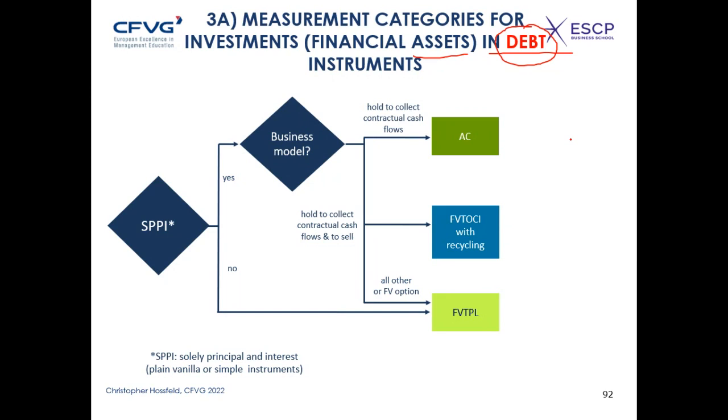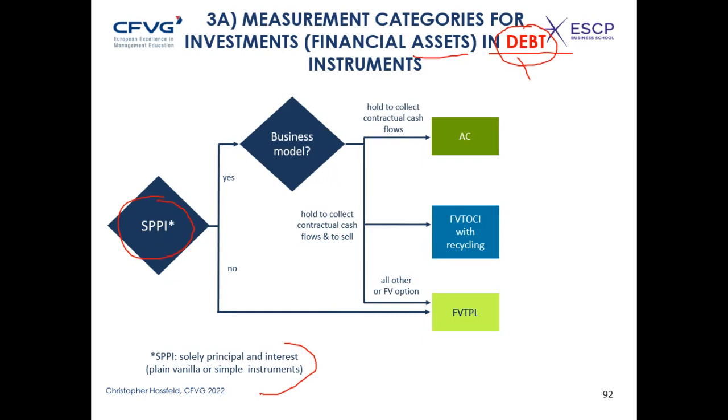So accounts receivable are also in this decision tree. So first of all, for my debt instrument, I need to verify if it is SPPI or not. SPPI means solely principal and interest. That means the question here is: is my financial instrument a simple instrument or a complex instrument?